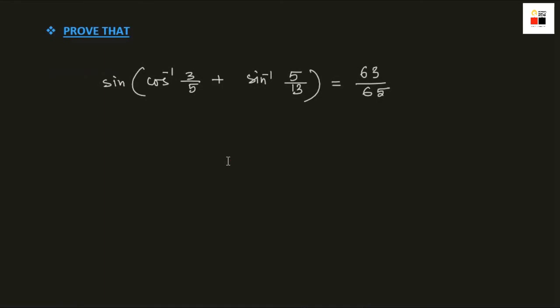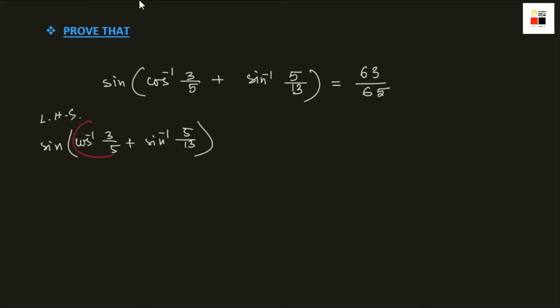Now talk about this problem. Prove that this is equal to 63 by 65. Left hand side, sin of cos inverse 3 by 5 plus sin inverse 5 by 13.